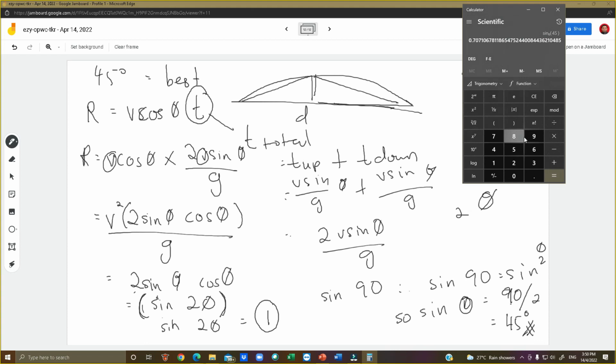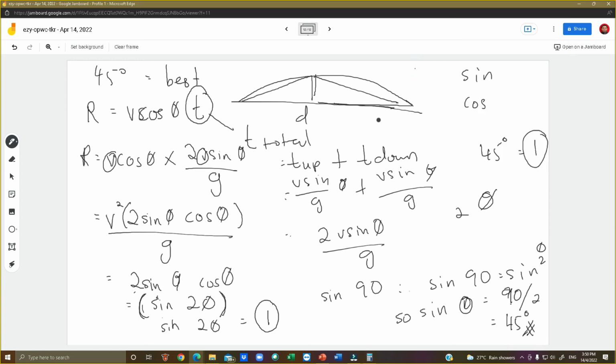Kita nak 90, because sin 90 ialah 1. But based on the equation, in order for you to find out range tadi, R, lepas kita buat pengamiran ni, kita end up dengan R equals to V square sin 2 theta over G. This is how you want to find R.